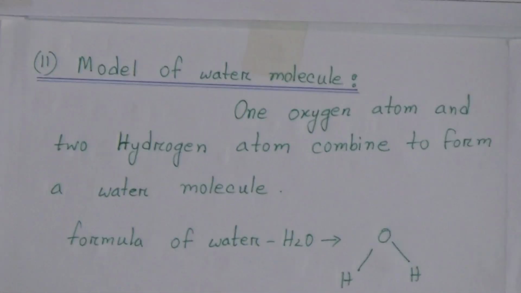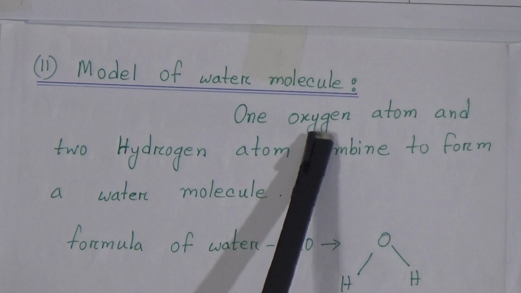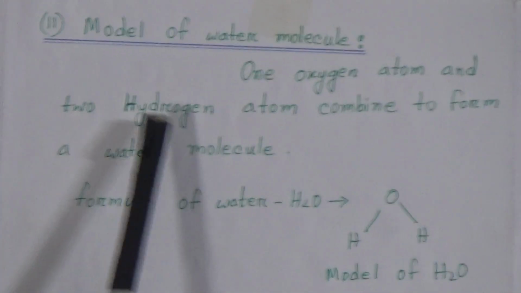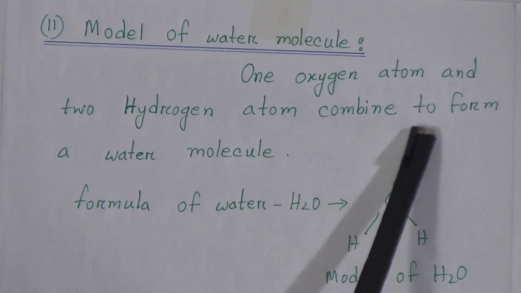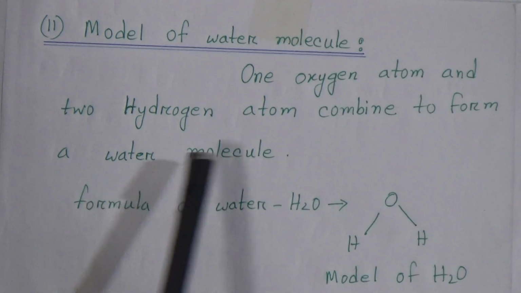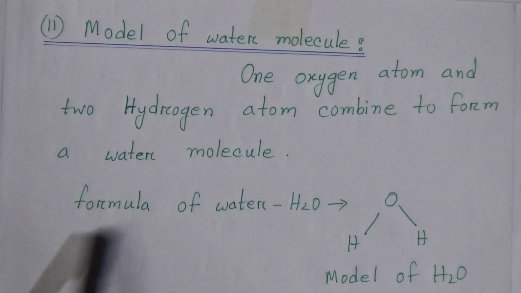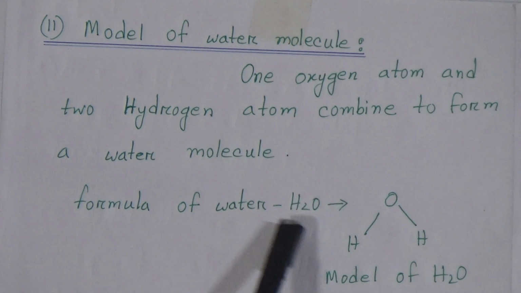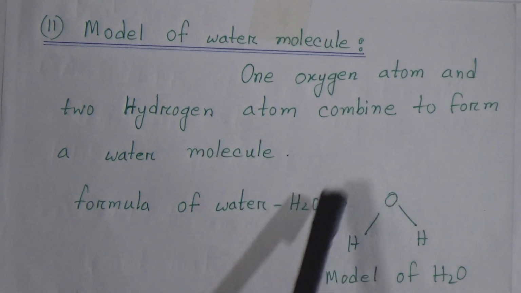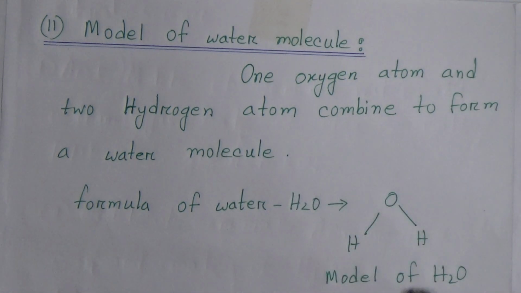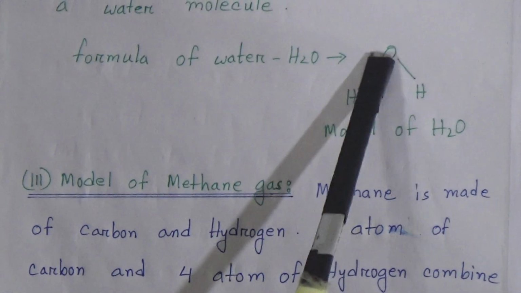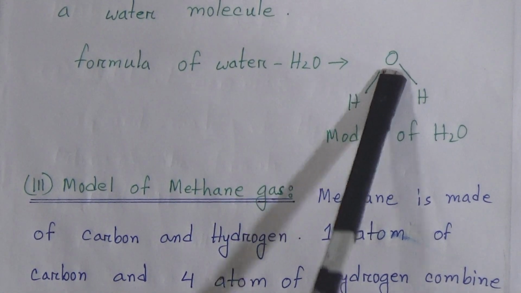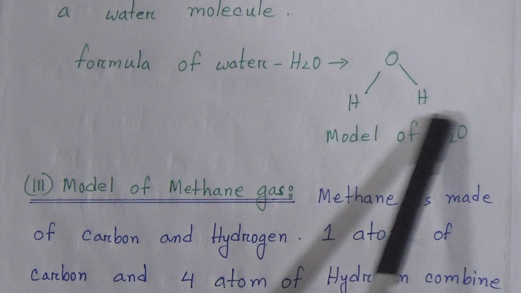Now students, come to the model of the water molecule. One oxygen atom and two hydrogen atoms combine to form a water molecule. The formula of water is H2O. Here one oxygen atom is joined with two hydrogen atoms.